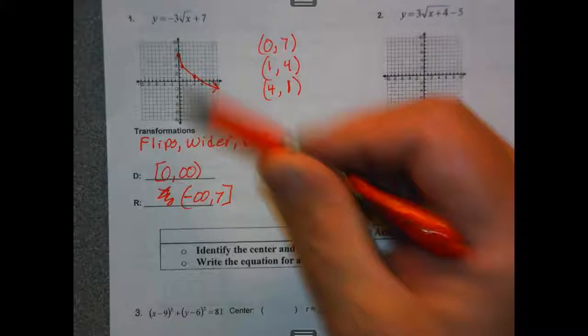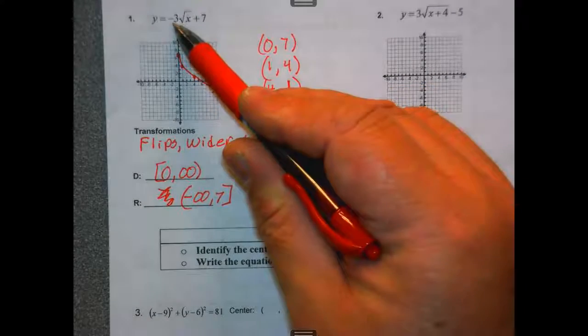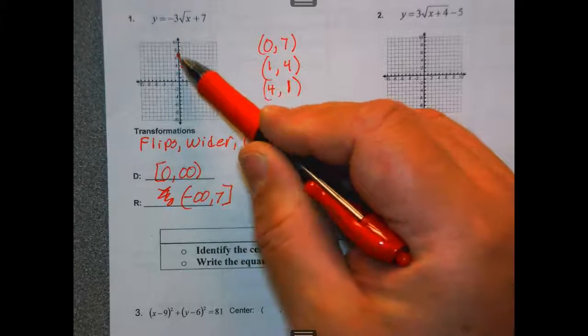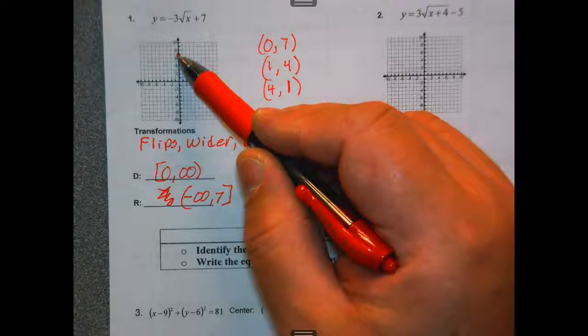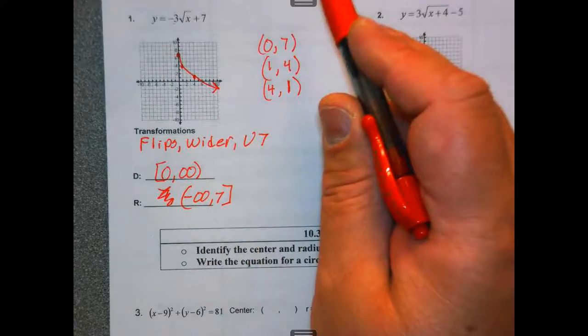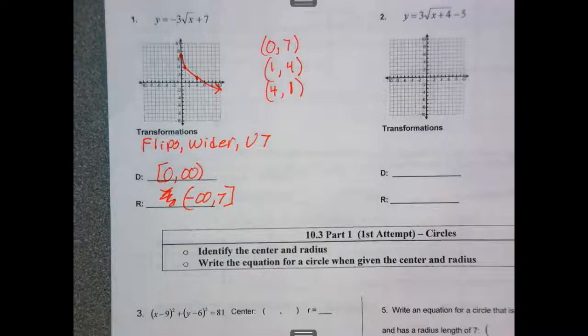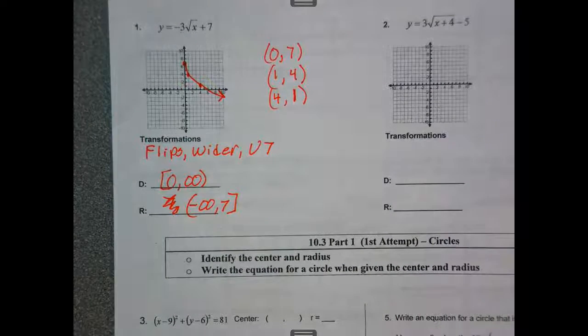Well, sometimes this is flipped because of that negative sign. So usually, if it's not flipped, your highest point is going to be positive. It's going to go to positive.